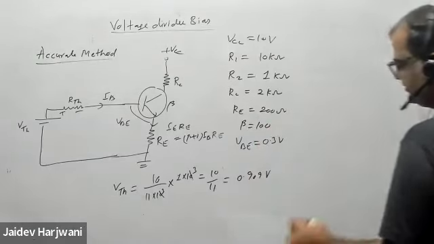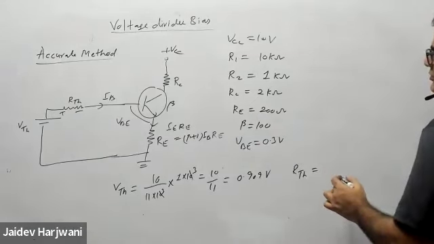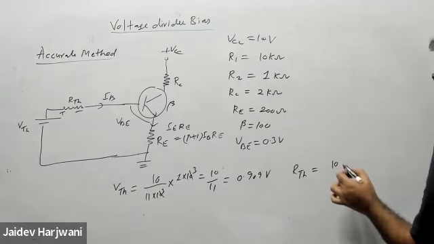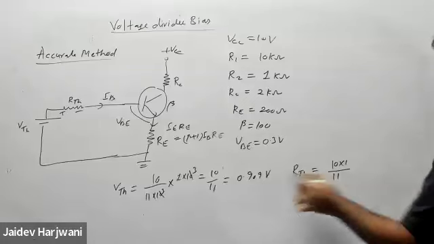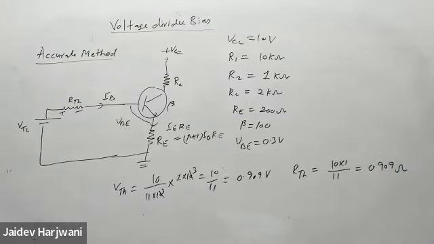And R Thevenin is R1 R2 upon R1 plus R2, that is 10 into 1 upon 11, same thing, 0.909 kilo ohm.